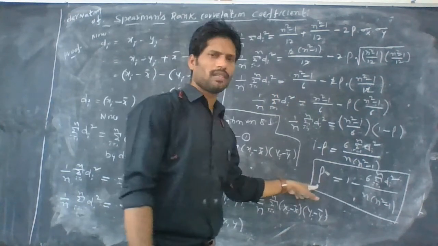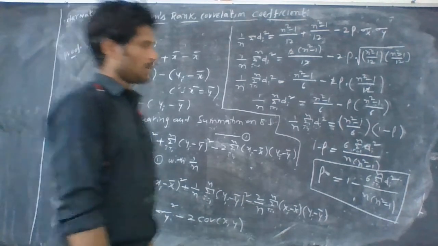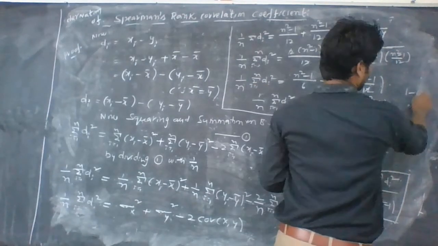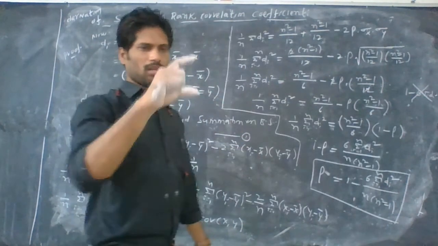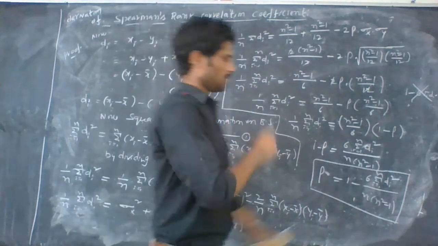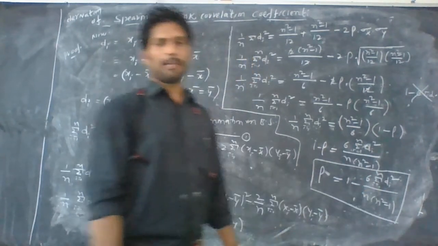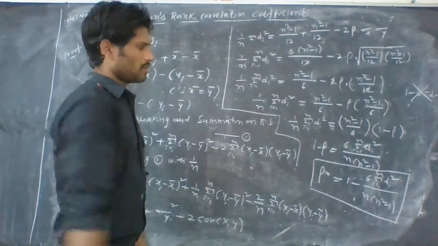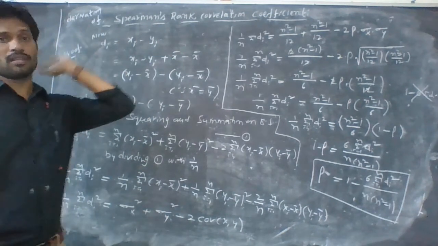We get rho equal to 1 minus 6 into summation di square by n into n square minus 1. So this is the derivation of Spearman's rank correlation coefficient.